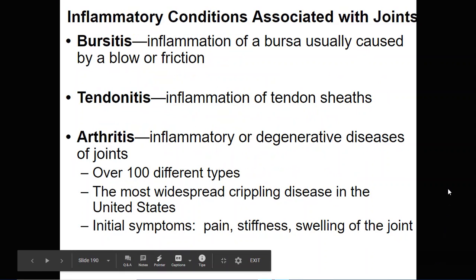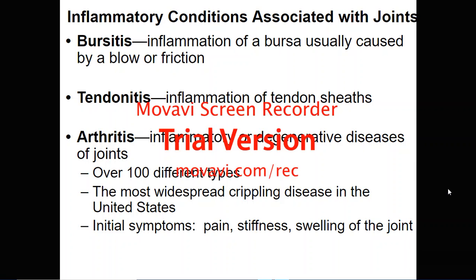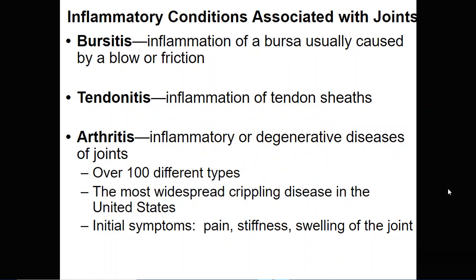Bursitis is inflammation of a bursa, and it's usually caused by a blow or friction. For example, falling on one's knee may result in painful bursitis of the prepatellar bursa. You guys are students, and you might do a lot of prolonged leaning on your elbow, and that may damage the bursa close to the olecranon.